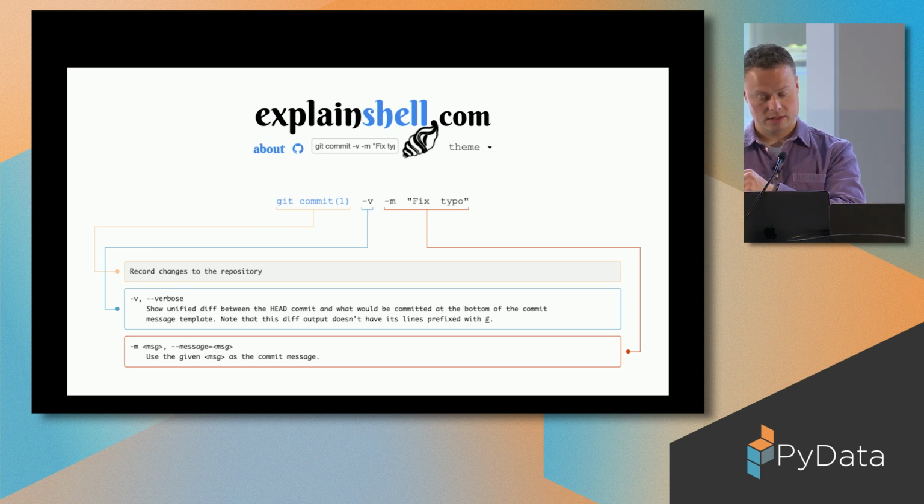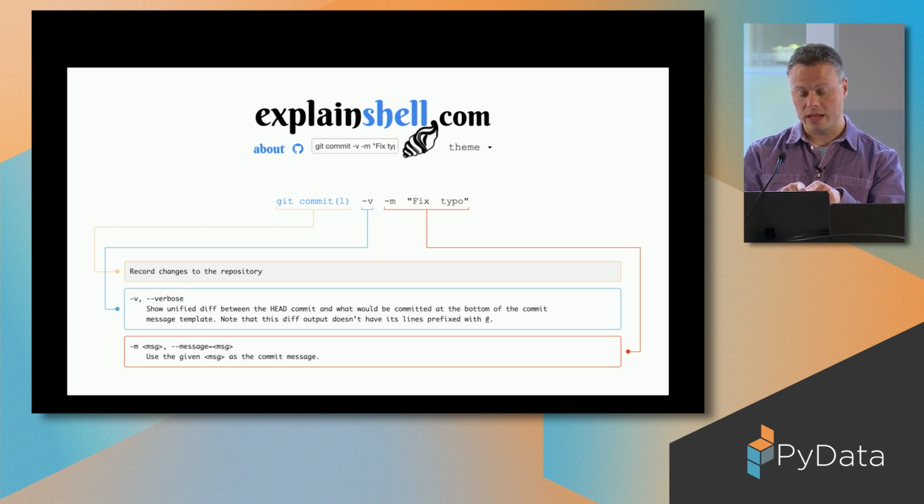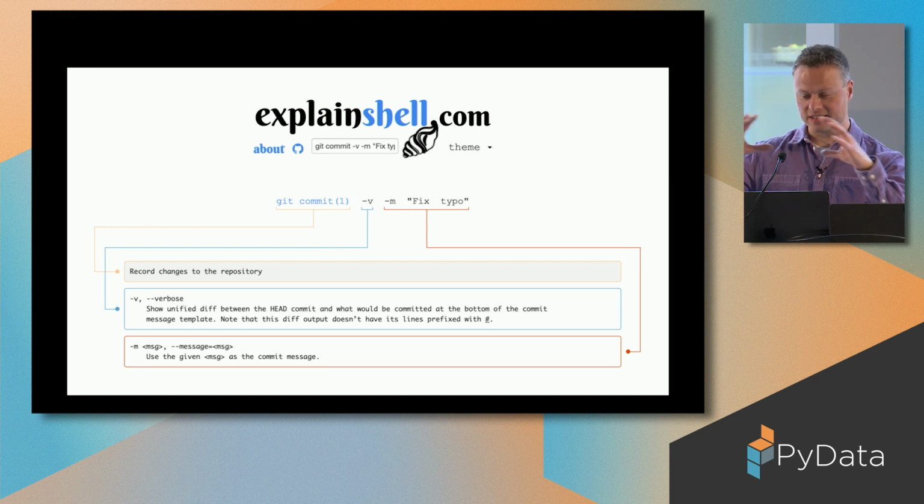In this case, they're both optional, but you can have optional arguments or required arguments. And so everything besides git itself, git is the command, and all of them are arguments. So that is the top level name for all of these things.